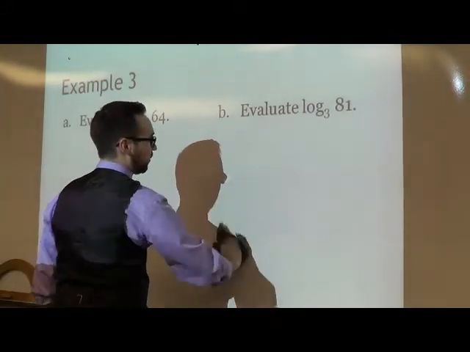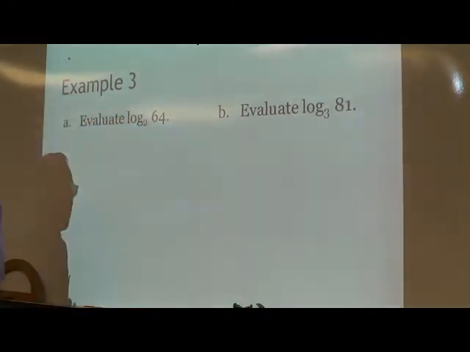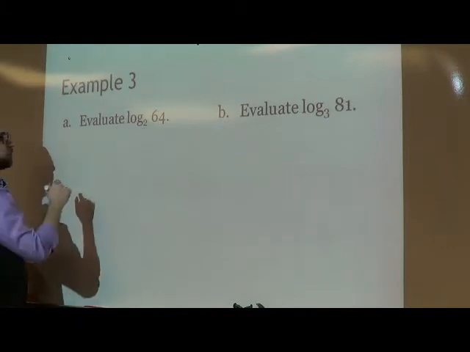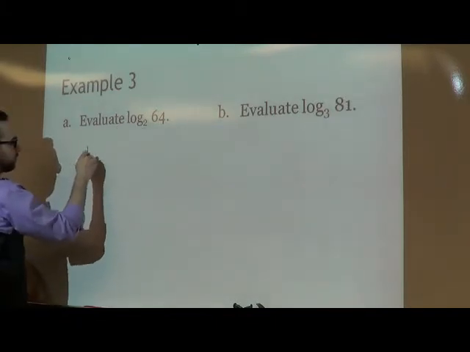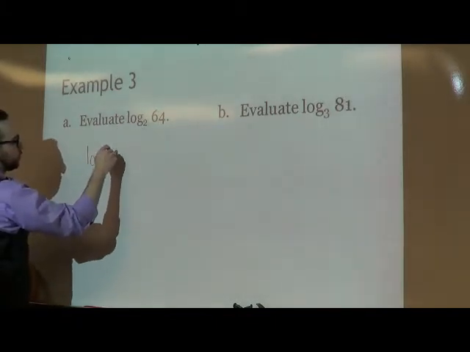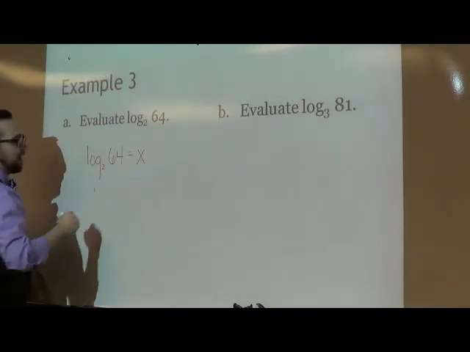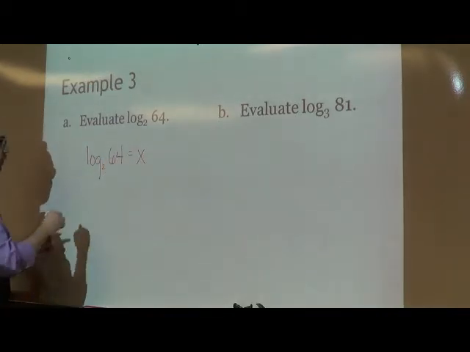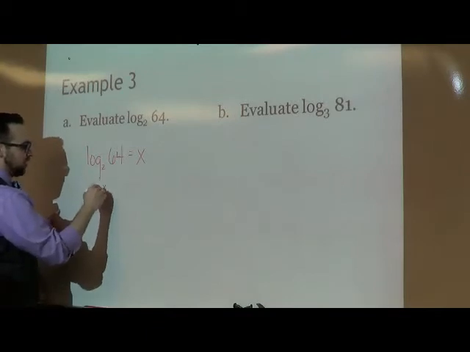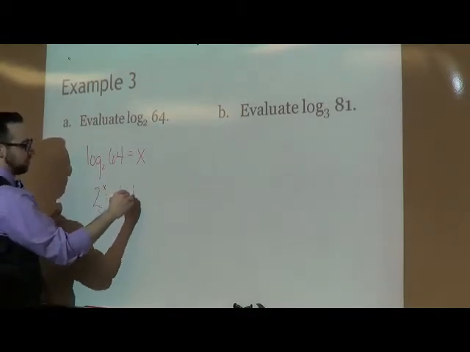Now when it says to evaluate, for now we're going to use exponential form to evaluate these. Eventually we'll get to the point where we can evaluate them without that. But looking at log base 2 of 64. What I'm going to do is set that equal to an unknown exponent. So I can rewrite this as 2 to the x power is equal to 64.